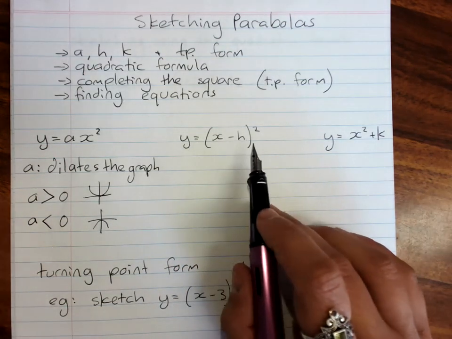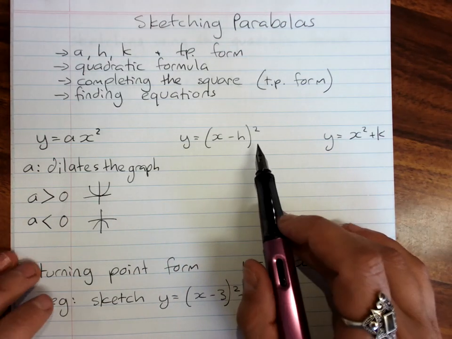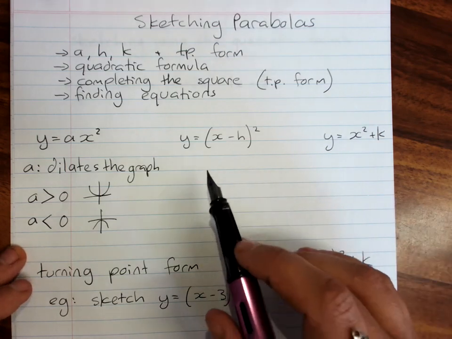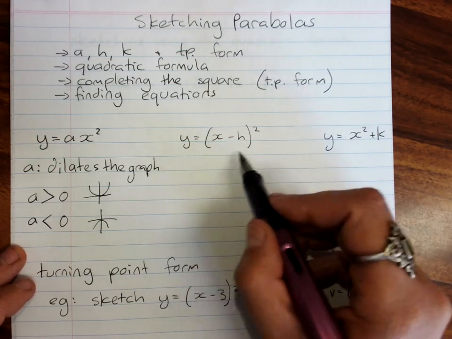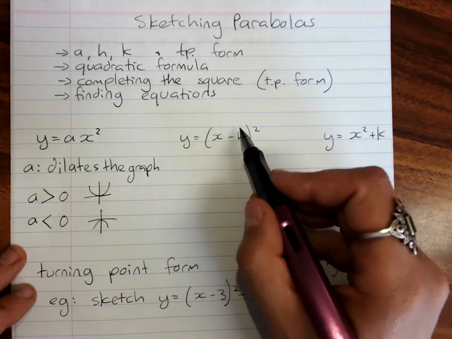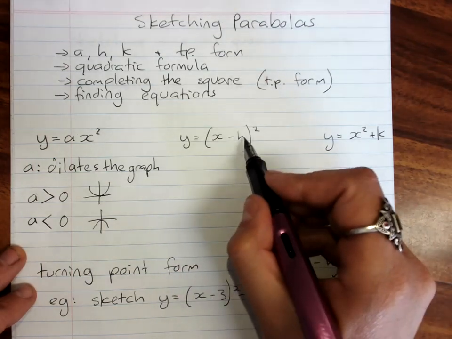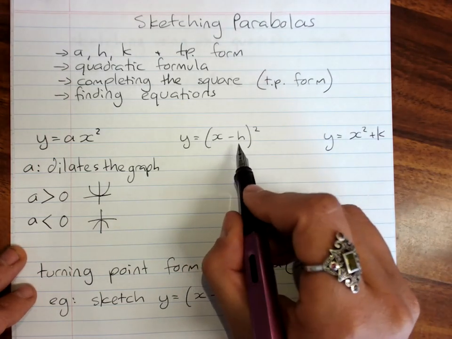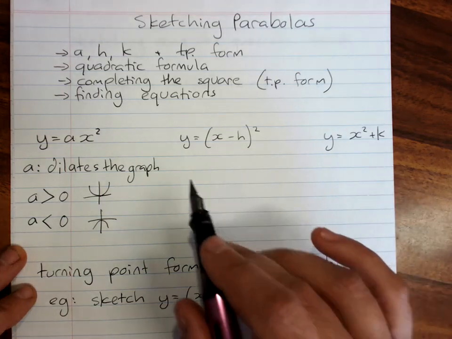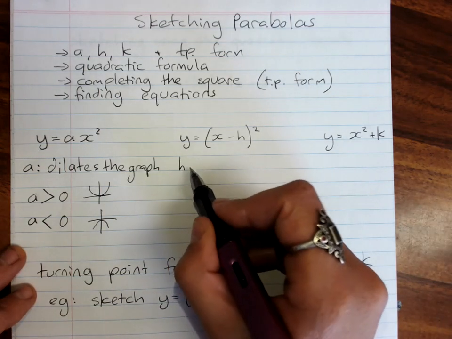If we have bx, so b is not 0, and we could factorize into this form, then h in x minus h all squared translates the graph horizontally.